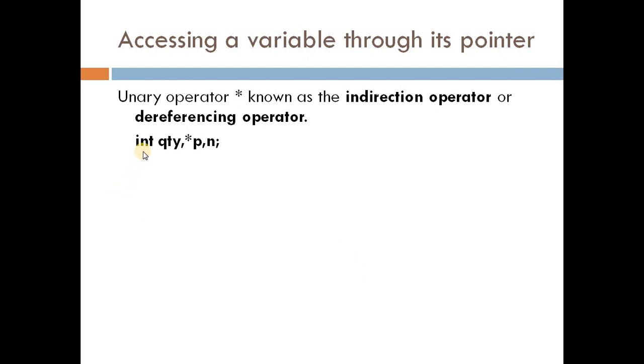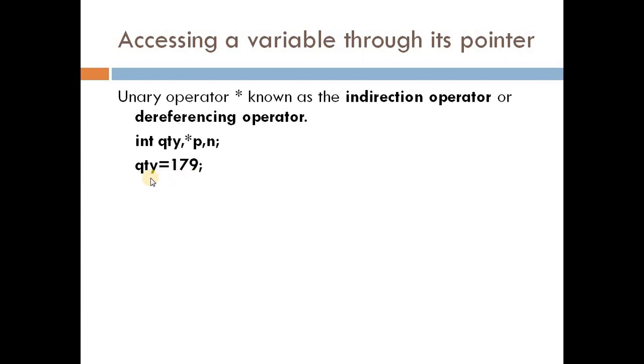Here I have declared quantity as a variable of type integer. I have declared n as a variable of type integer, and I have declared a pointer variable p which is going to point to an integer data type. Next, in this statement I have initialized the value of quantity as 179.